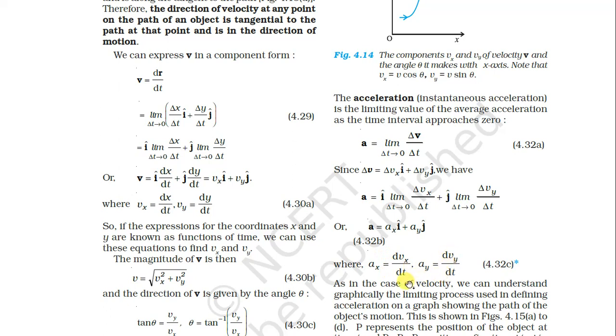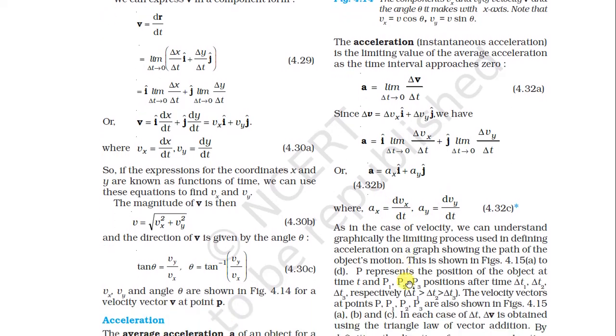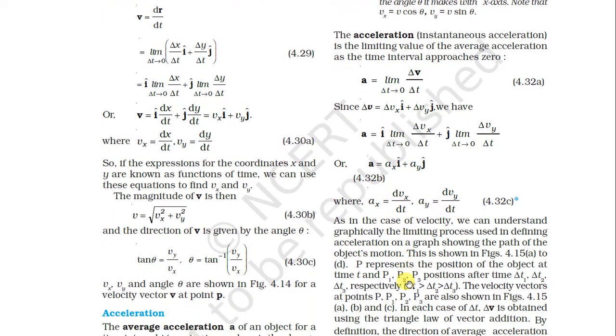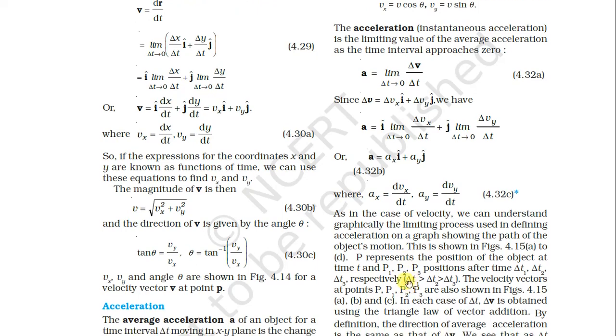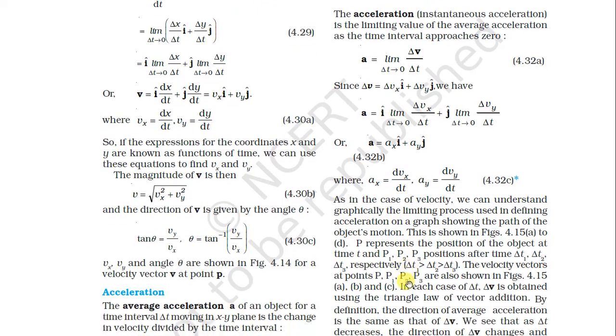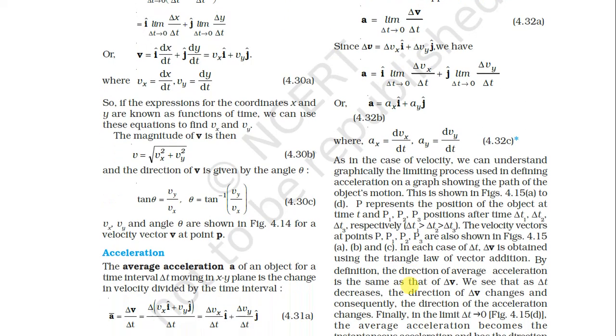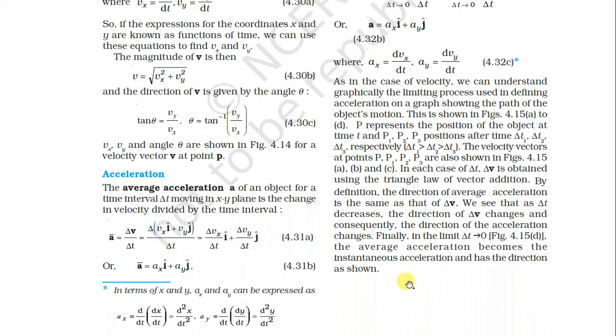As in the case of velocity, we can understand graphically the limiting process used in defining acceleration, on a graph showing the path of the object's motion. This is shown in the figure.